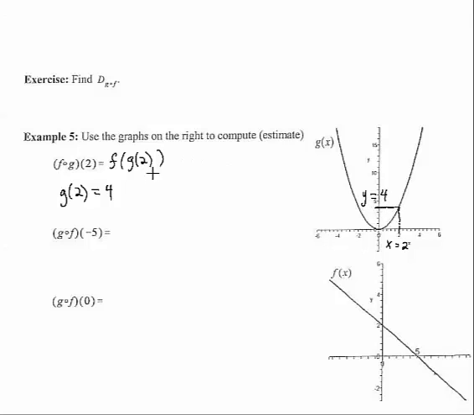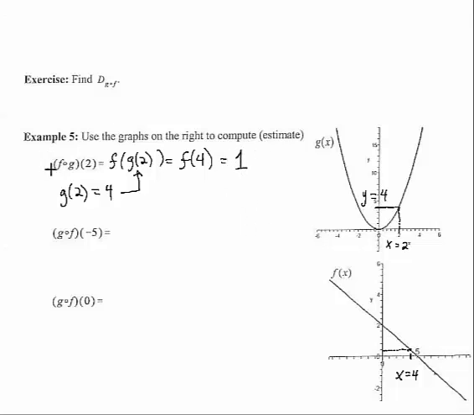Alright, so in other words, we're going to take this 4 and put it inside of f now, and then we'll have to use the graph of f down here below to find the output. First we locate x equal 4, we make our way up to the line, because f of x is a linear function, and we trace our way over to the y-axis, and we see that we hit y equals 1, and so f of 4 is 1.